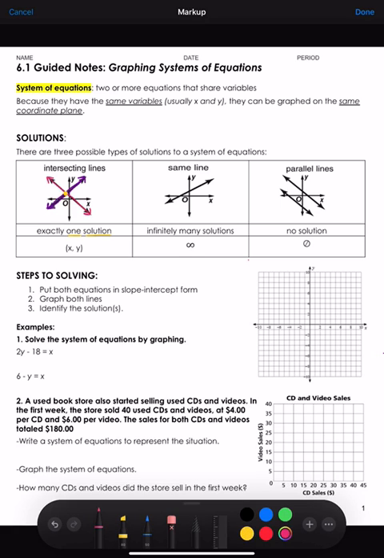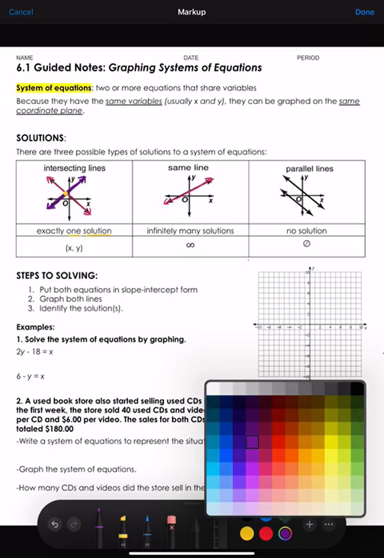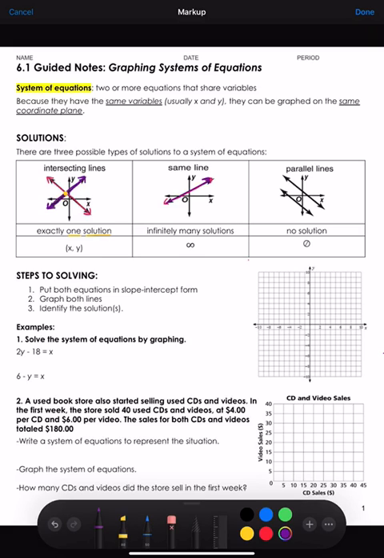If we look over here, we have the case in which you have two equations, and when you solve for y, you notice that they're the exact same equation. So when you graph these, you have two lines that are actually the same line, so they overlap each other. If we're asking, what are the points of intersection? Well, if they're the exact same line, they have every point in common.